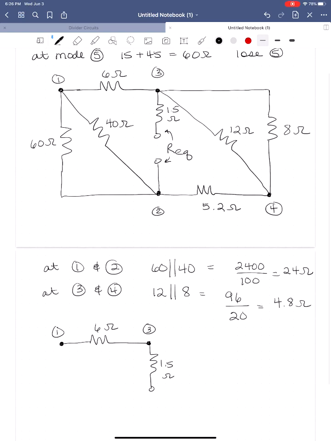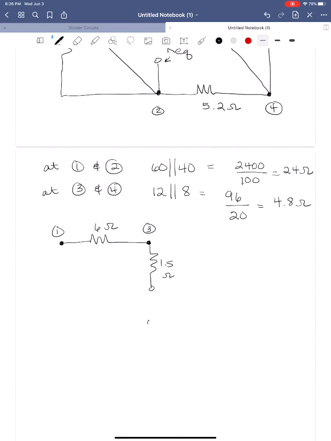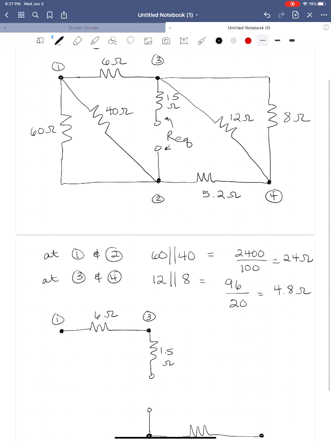Okay, and then we'll have node 2 here, and node 4. Between node 2 and node 4, we can see the bottom of that circuit. We've got that 5.2 ohm resistor that we haven't done anything to yet.